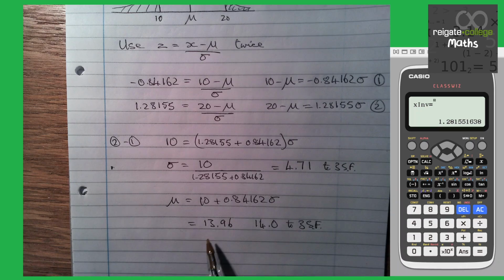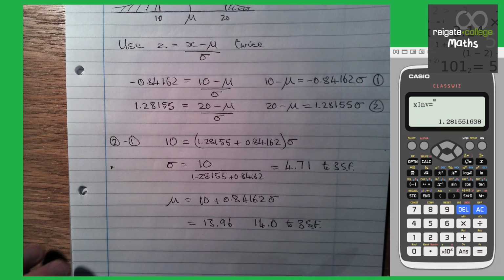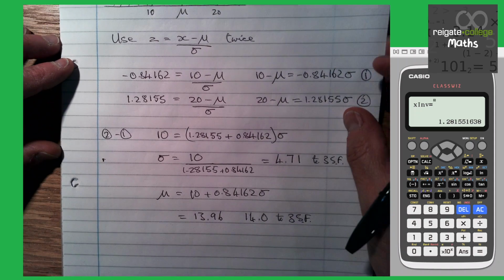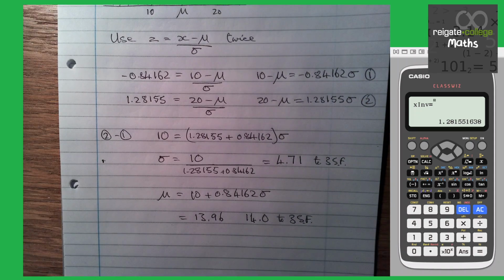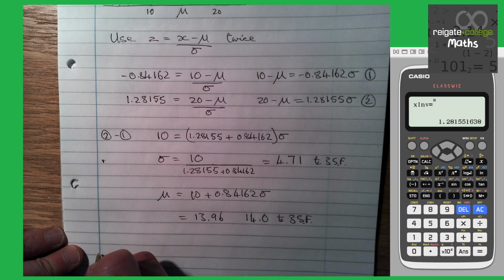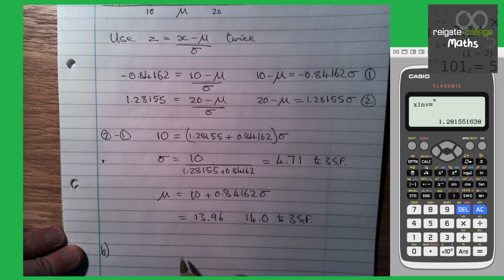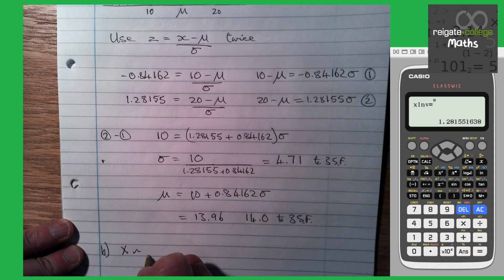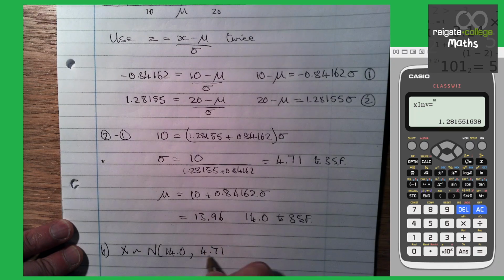So the way you're going to do that, let's just do it now, is we're going to use the distribution that we've got now. Let's write that out: X is distributed normally, with a mean of 14.0 and a standard deviation of 4.71.